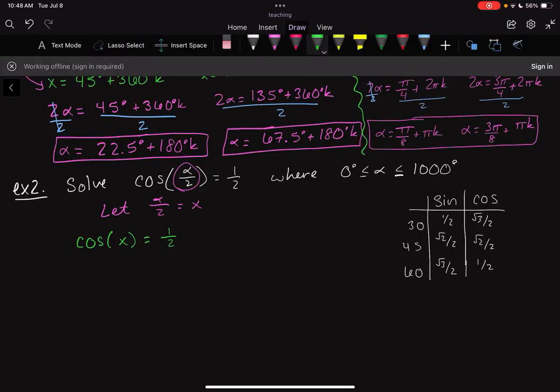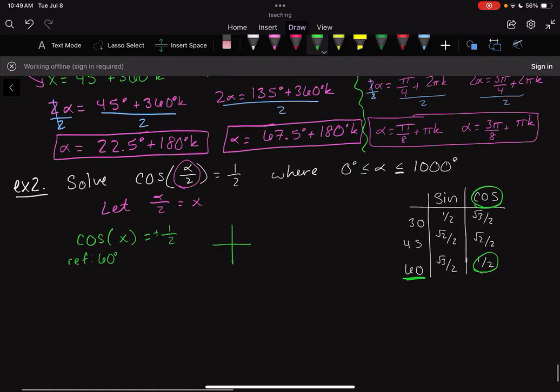So I'm trying to figure out, okay, which angle do I plug into cosine to equal a half? So that's looking like 60 degrees. That means that my x has a reference of 60 degrees, but we need to watch out for the quadrant. It's a positive 1/2, so I want to think about where cosine is positive.